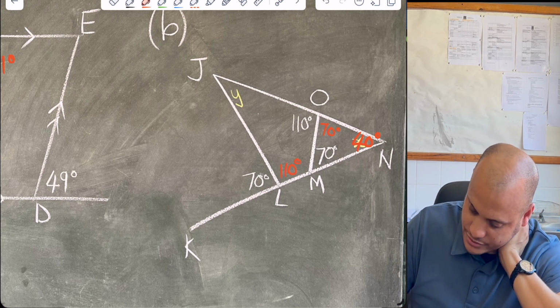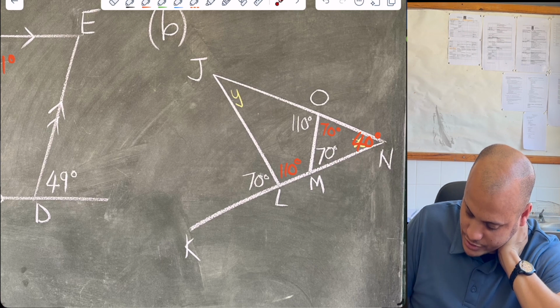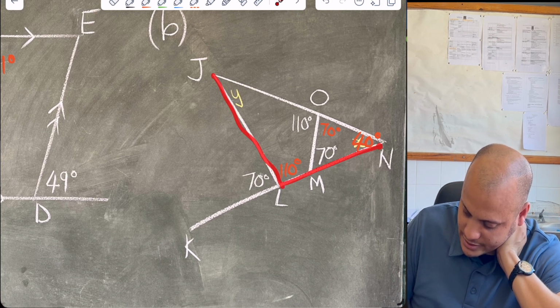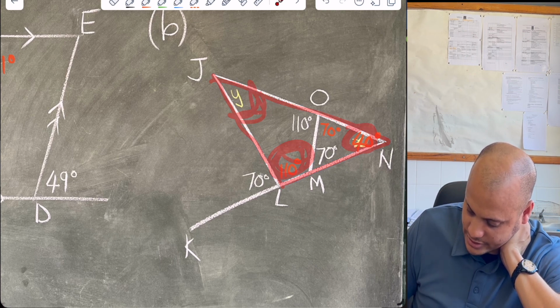So just to check again, we are working in the big triangle, and we've got this angle's value, we've got that one's value, so we can find y quite easily.